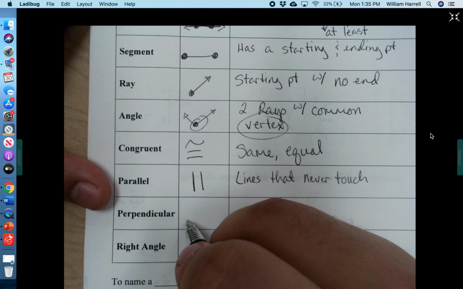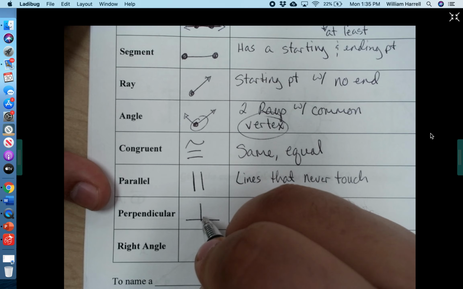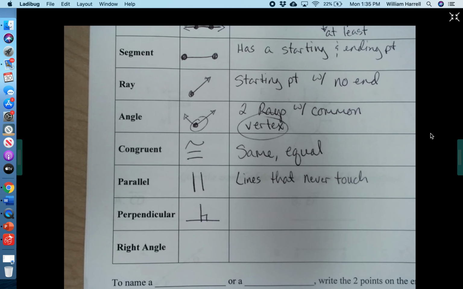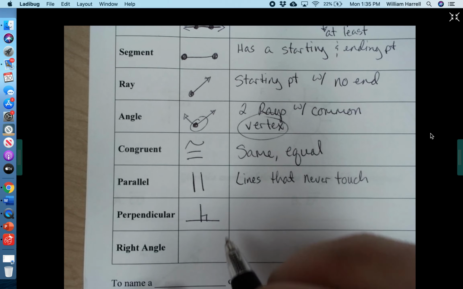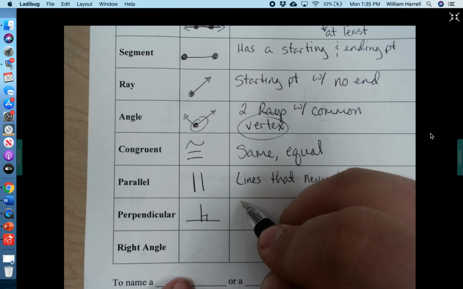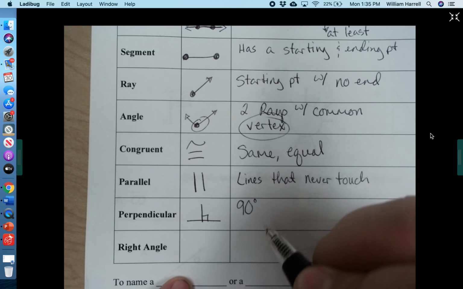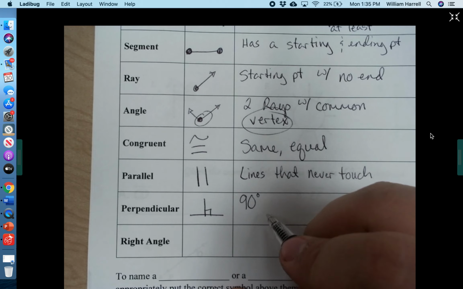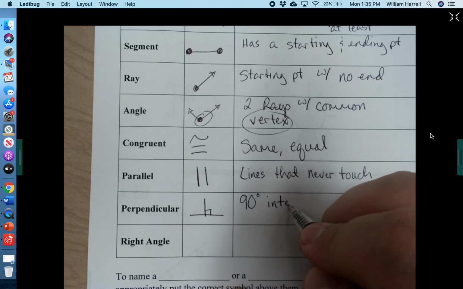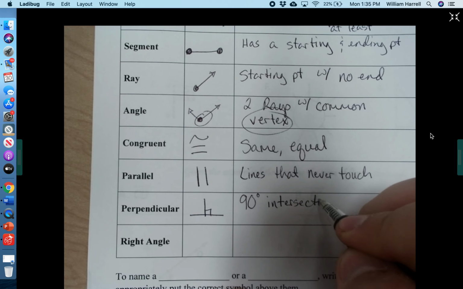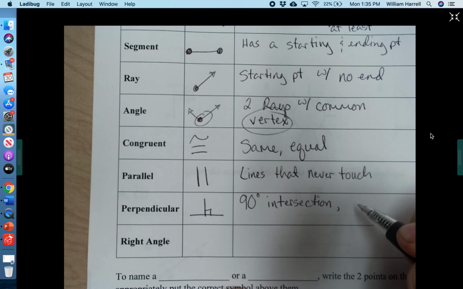Perpendicular, you also looked at these when you were writing equations of a line that's perpendicular to a given line, at the tail end of slope stuff. For what we need to know in Math 2, perpendicular just means a 90-degree intersection. Some of y'all would even say, ooh, Mr. Hill, a right angle.